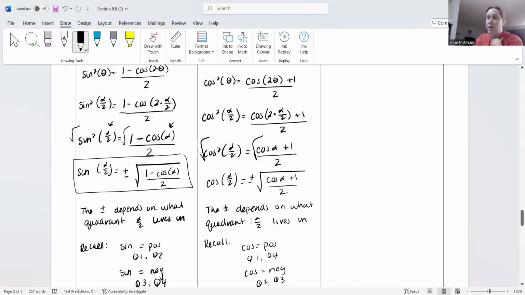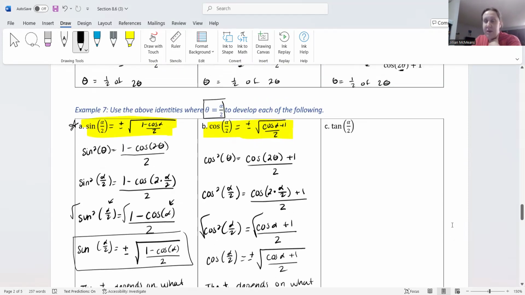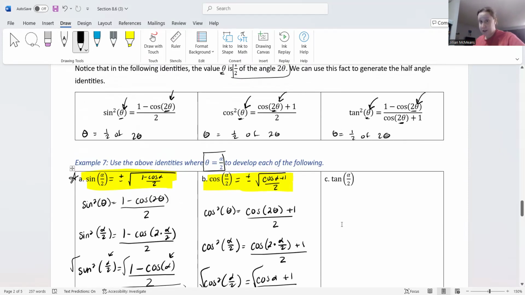Okay, so you got to remember which quadrant these trig functions are positive versus negative. Okay. Now we're going to do basically the exact same thing, but this time we're dealing with tangent. So we want to know what tangent of alpha over 2 is, so we're going to use this tangent squared formula. So we're just going to remember that tangent squared theta equals 1 minus cosine 2 theta all over cosine of 2 theta plus 1.